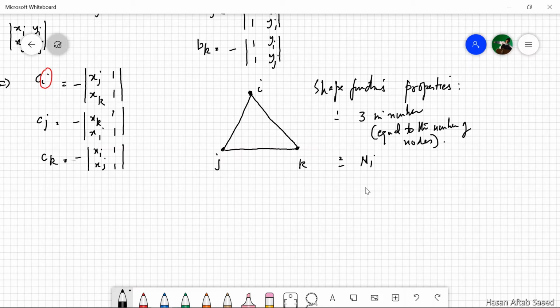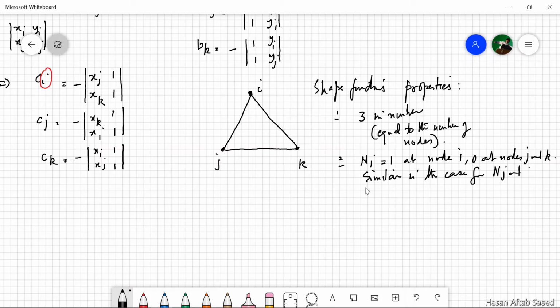Similarly, it can be shown that ni is equal to 1 at node I and 0 at nodes j and k. And similar is the case for nj and nk.